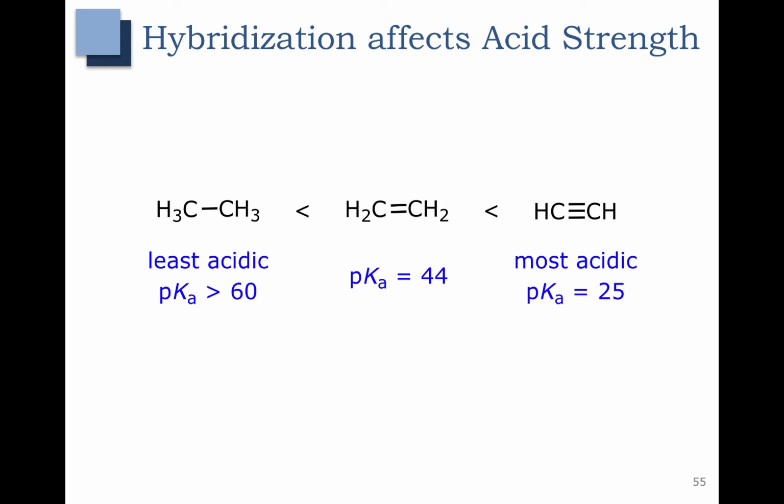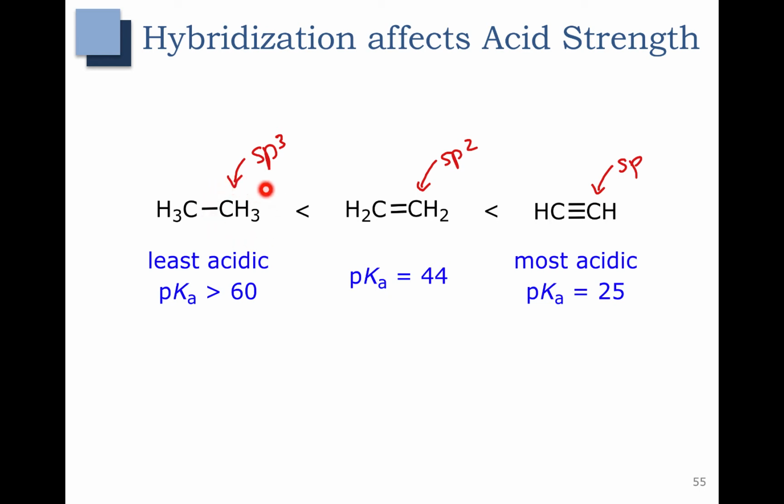Now let's talk about how hybridization affects acid strength. Here we have an sp3 hybridized carbon. This one is sp2 hybridized, and this is sp hybridized. And what we see here is that the hydrogen that's attached to the sp hybridized carbon is the most acidic, or it's going to come off the easiest.